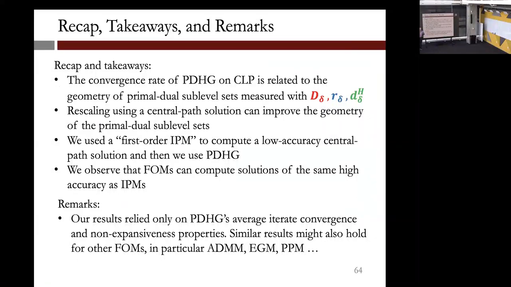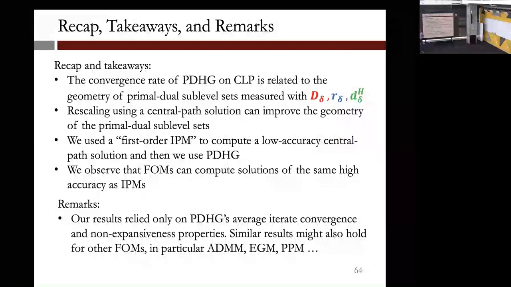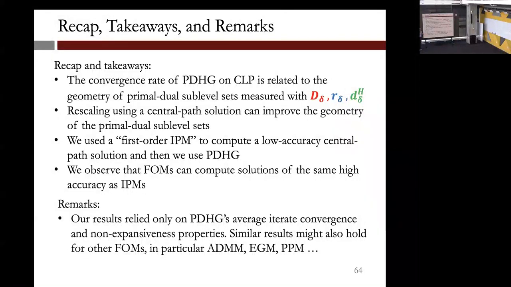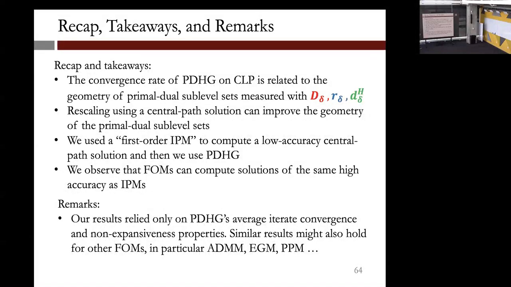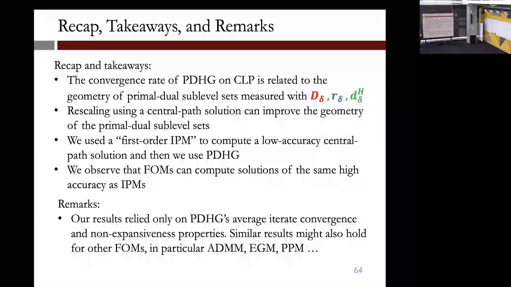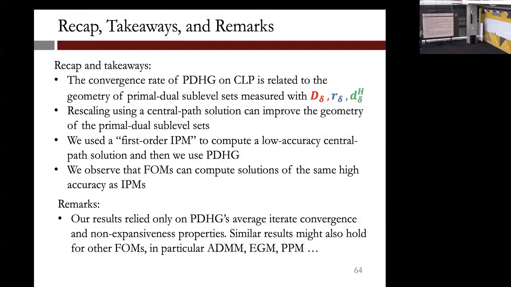It's theory motivating computational practice. We used a first order IPM to compute a low accuracy central path solution. And then we used PDHG to finish it off.